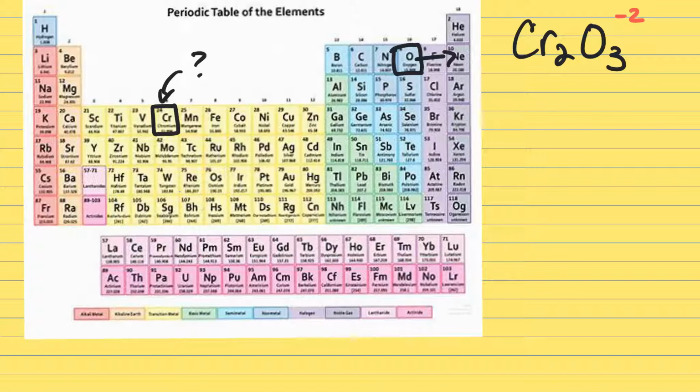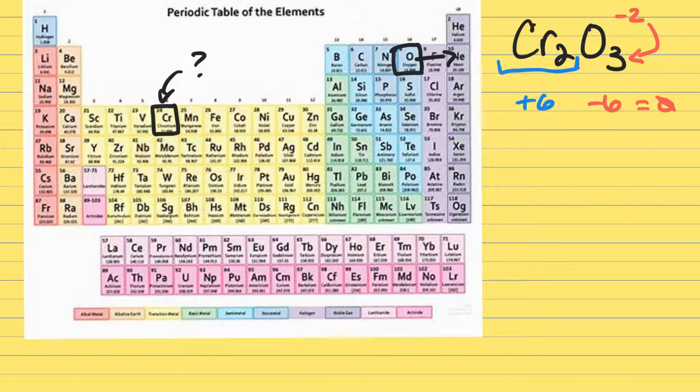Okay, so if that is the case, and there are 3 oxygens, so we have a total of a -6 from all 3 oxygens, because we know that each oxygen has a -2 charge. And so for this compound to be neutral overall, that means both the chromiums together have to have a +6 charge.